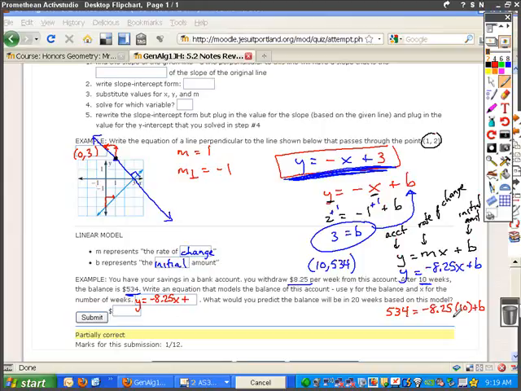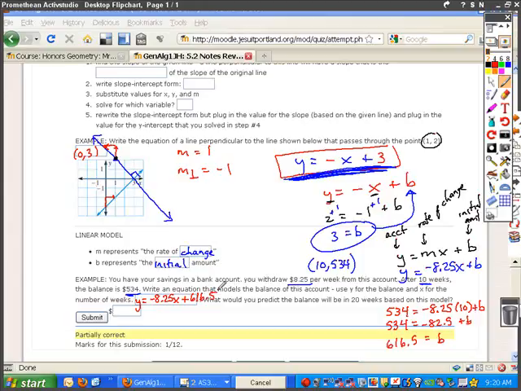So if you take 534 and you multiply, negative 8.25 times 10 just means we move the decimal over. Okay, so if you add 82.5 to 534, you get 616.5 as your b value. So here is our equation that models this situation.